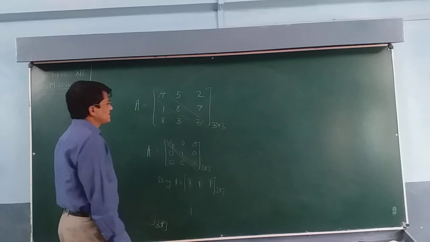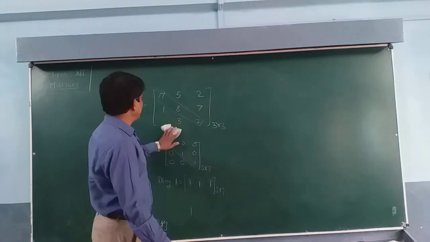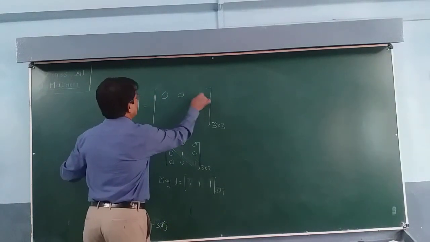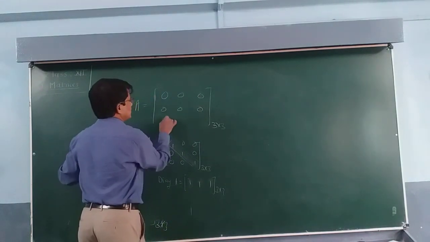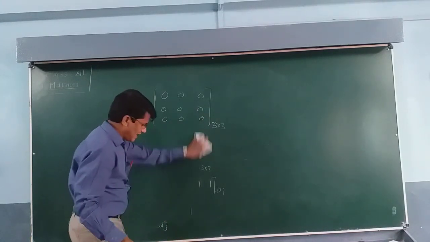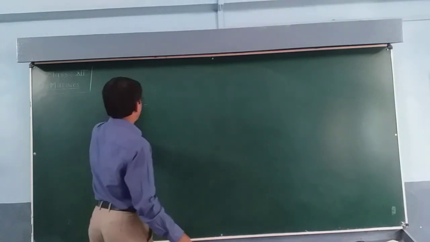After that, we discussed the zero matrix: a matrix having all its elements 0, like this. After that, the triangular matrix.